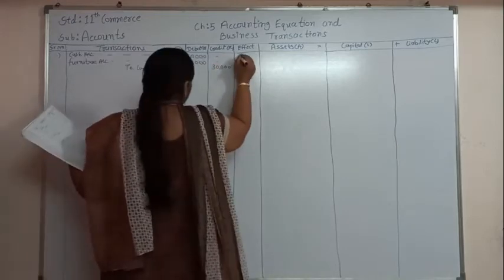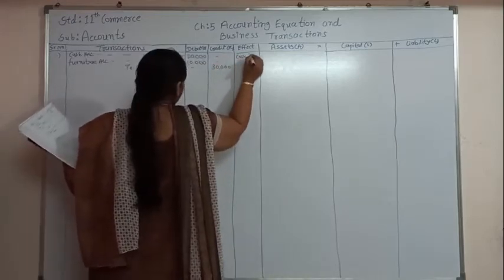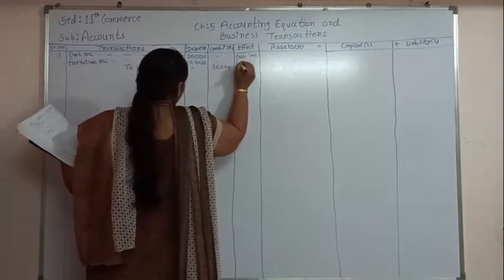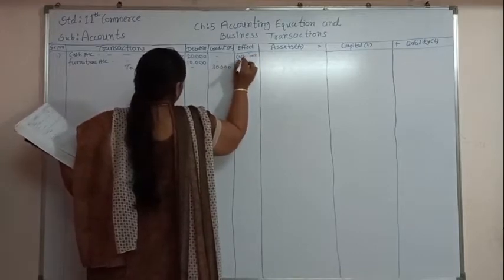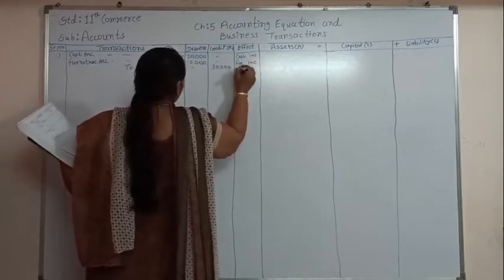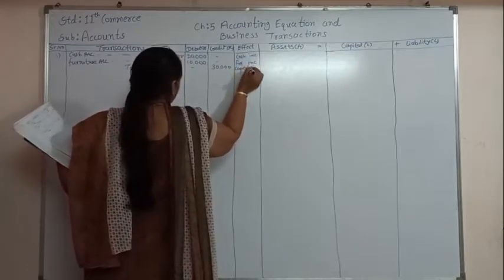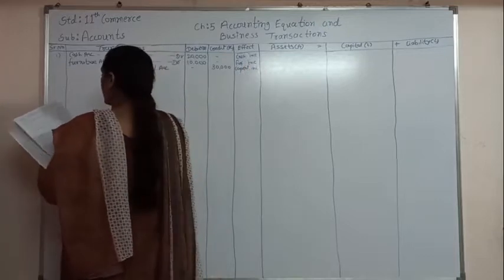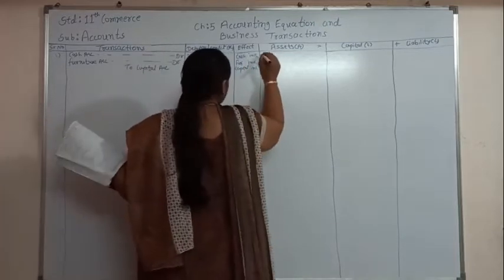As we know that cash is increasing, furniture is also increasing, then capital is also increasing. So three of that is going to be increased because of this transaction.